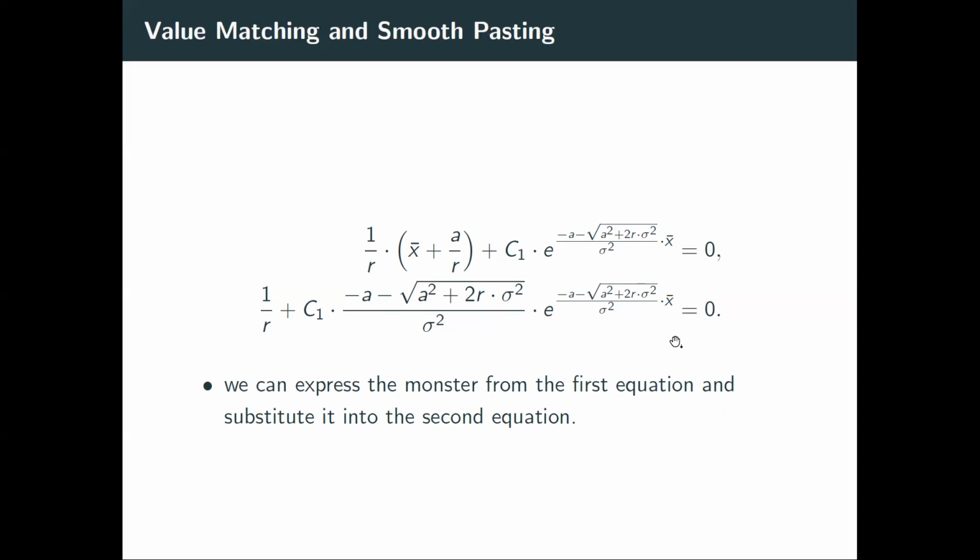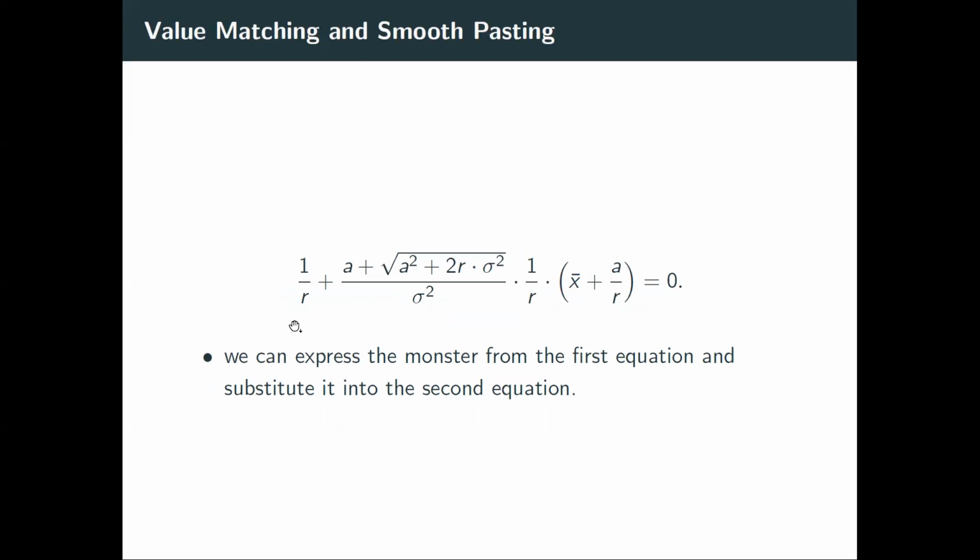Again, a very standard procedure to find x bar is to express C1 from the first equation. So here you can express this one as just minus 1 divided by r times this bracket, and substitute this whole expression here. Then it will be simpler because you eliminate the whole constant C1 and also this exponent, and get an equation purely for x bar.